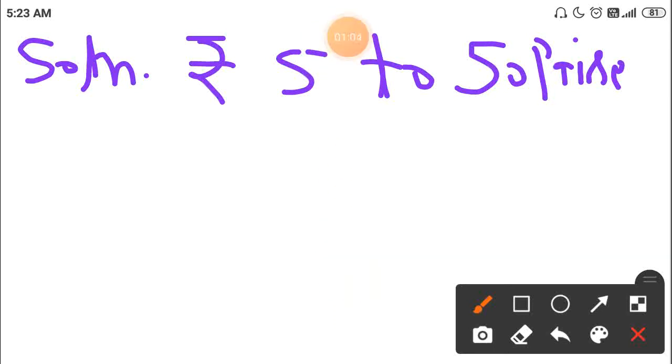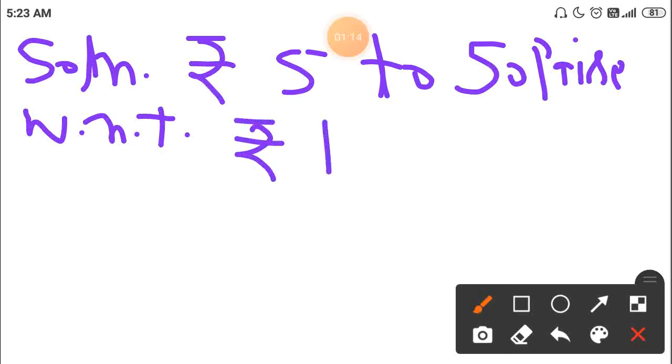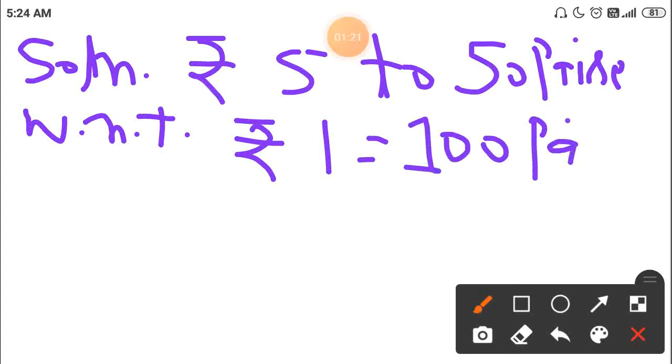For that we know that rupees 1 equals 100 paise.